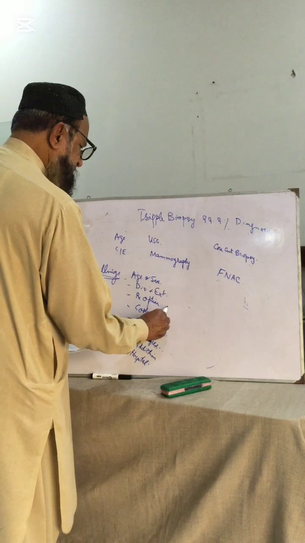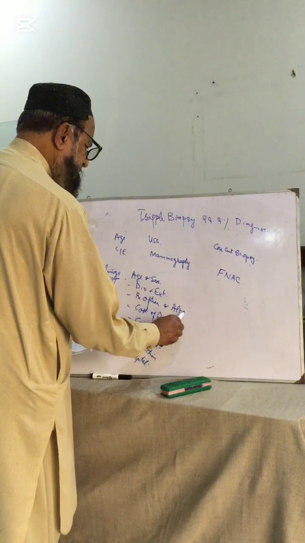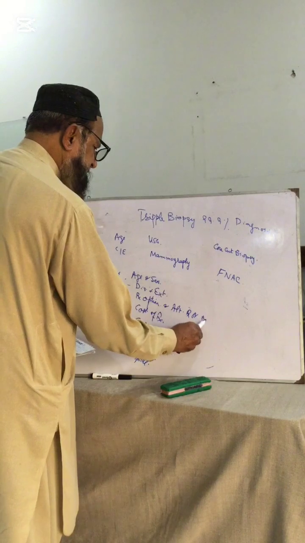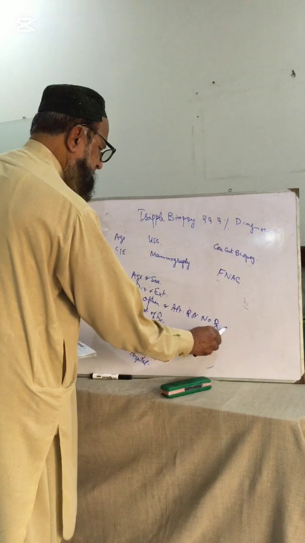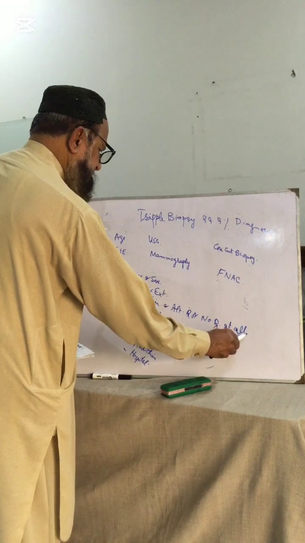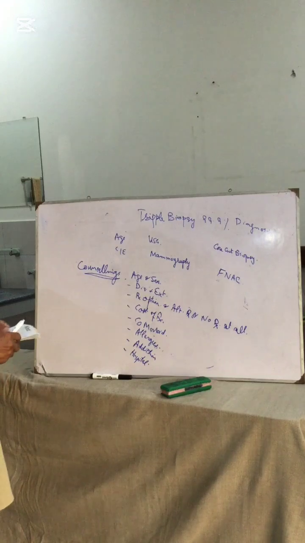They should be with the alternate treatment. Alternate treatment or no treatment at all. What are the effects of no treatment at all? So after the counseling, then we can offer the treatment to the patient.